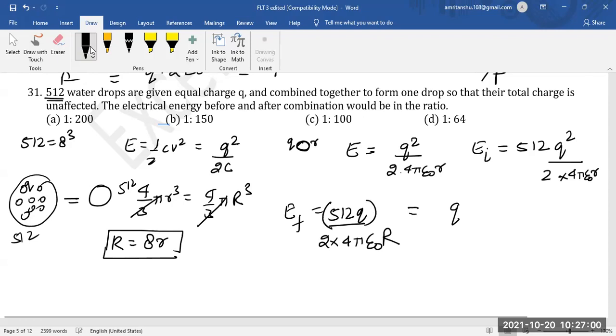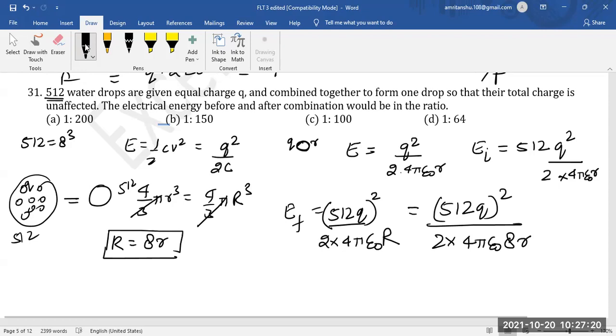So we have to take the square of this now. So finally this would look something like this: 512 q whole square upon 2 into 4 pi epsilon naught, and instead of R we'll write 8 into small r.